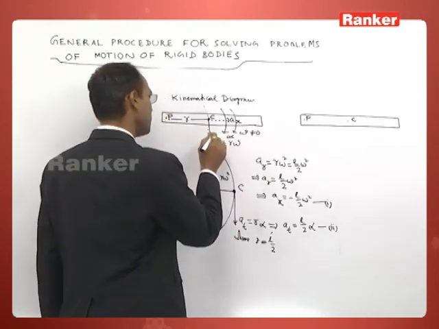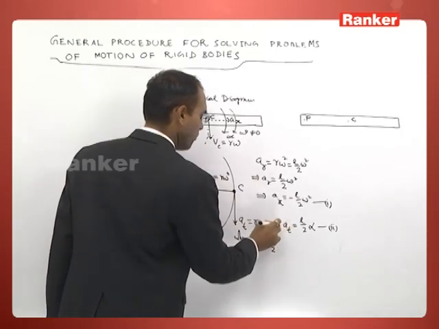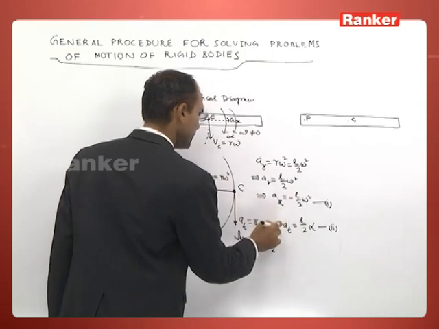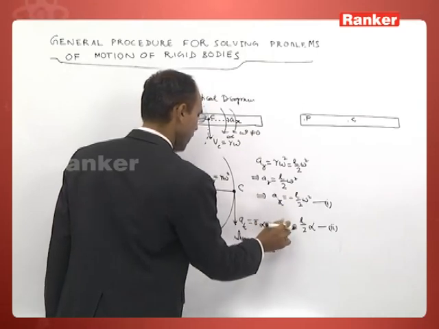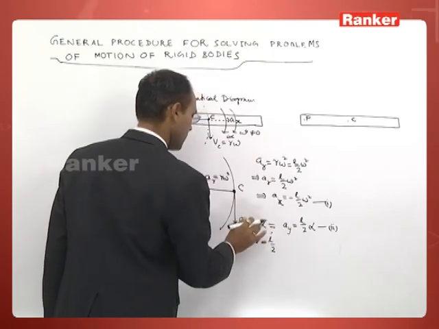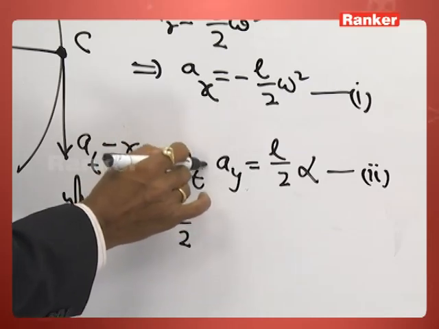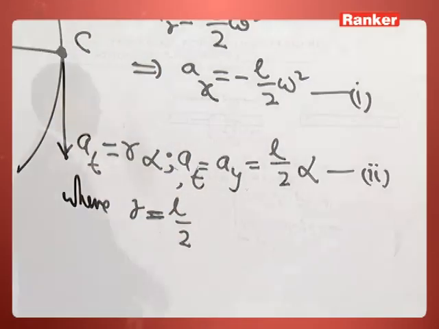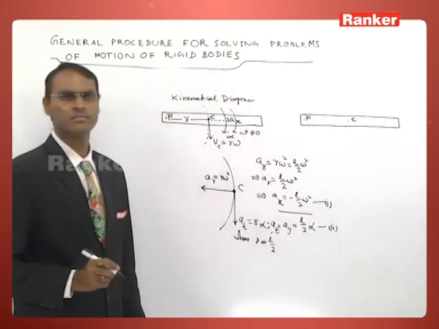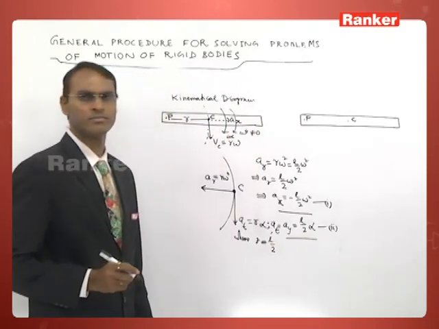And we have taken downward as positive y direction, so we can just write AT is equal to AY. So x is equal to minus L by 2 omega square, and AY is equal to L by 2 into alpha.